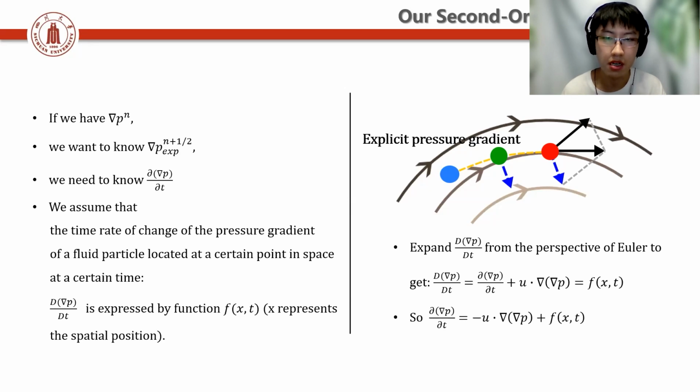The first term is the advection term, which is also the object of our fitting. In other words, we perform an advection operation on the initial pressure gradient field to obtain the approximation of the pressure gradient field at the intermediate time we want, and apply it to the temporary velocity field, and then perform projection at the end to ensure boundary conditions and mass conservation.